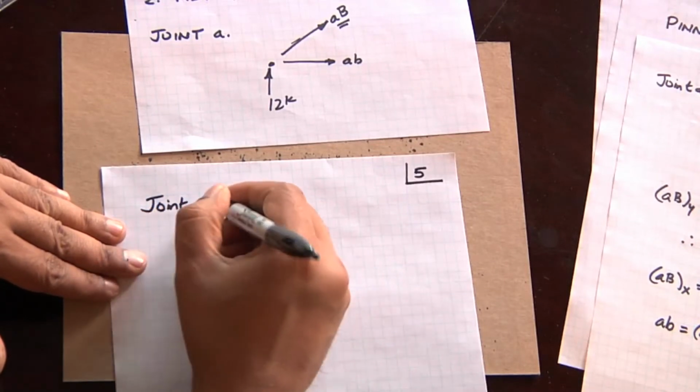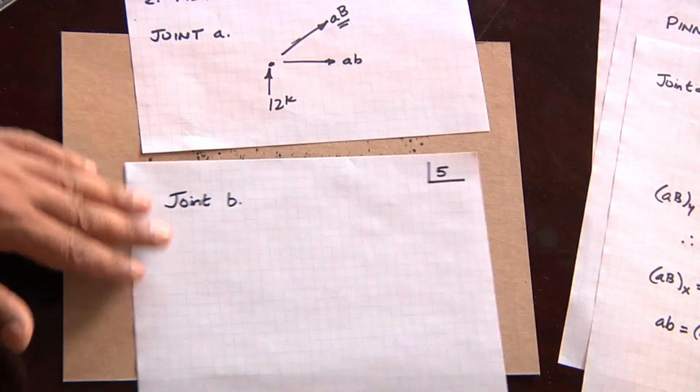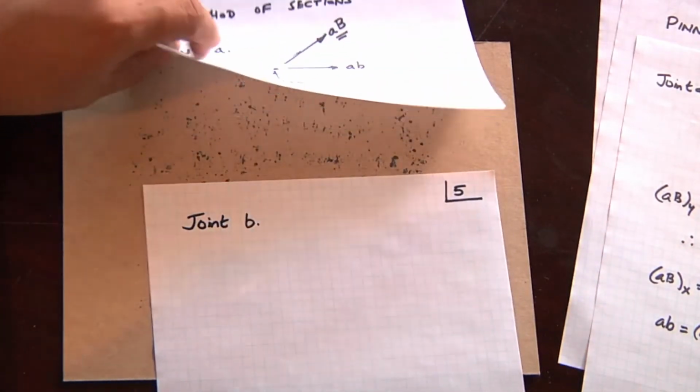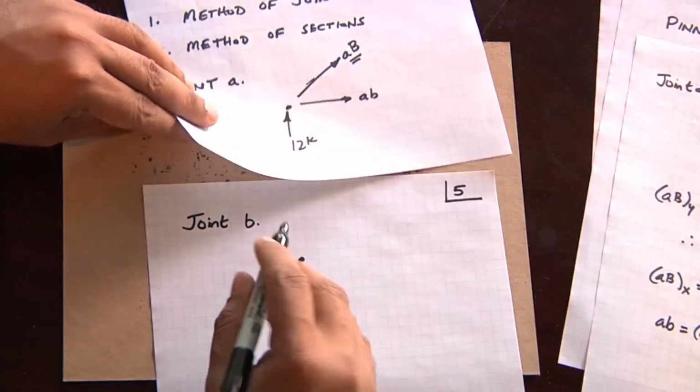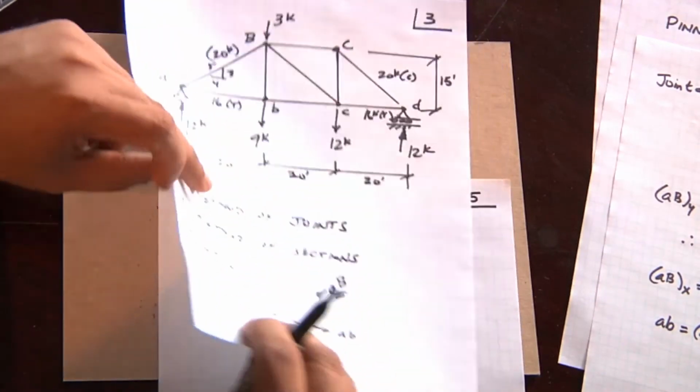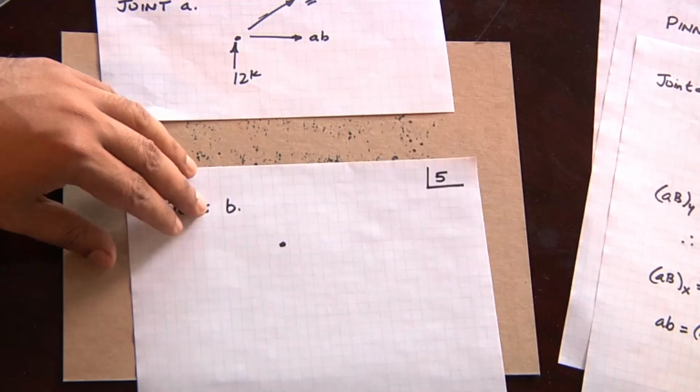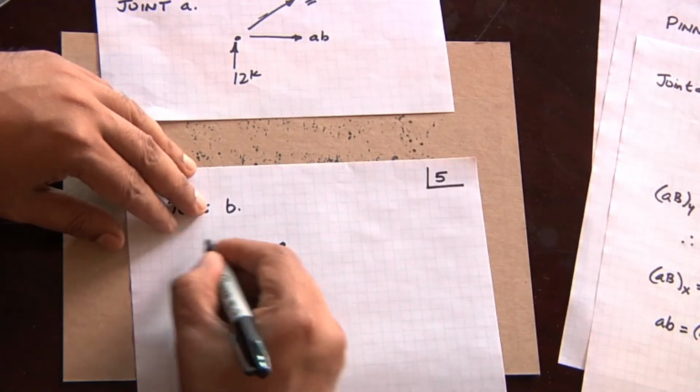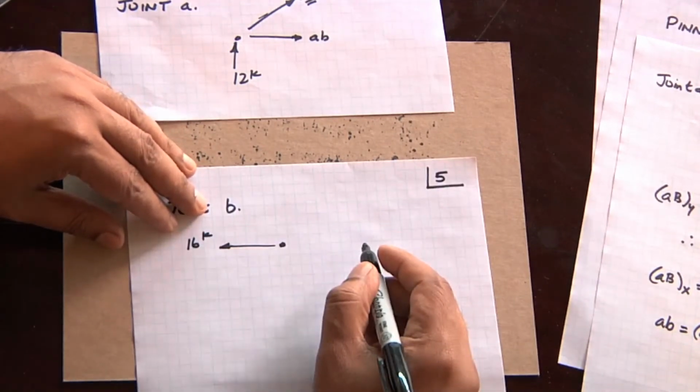This will be sheet number 5. So let's look at joint B. We know that AB is a tension force, so that has to be pulling 16 kips.